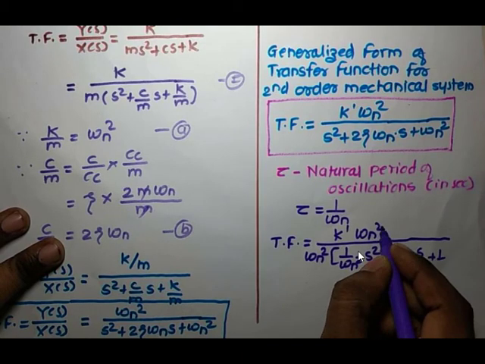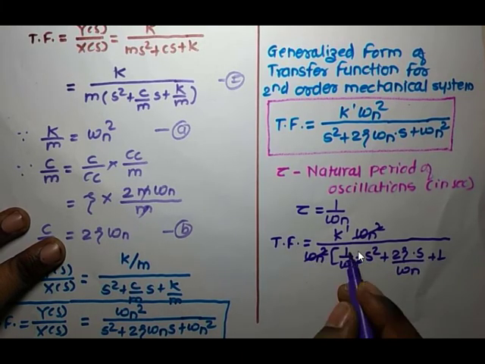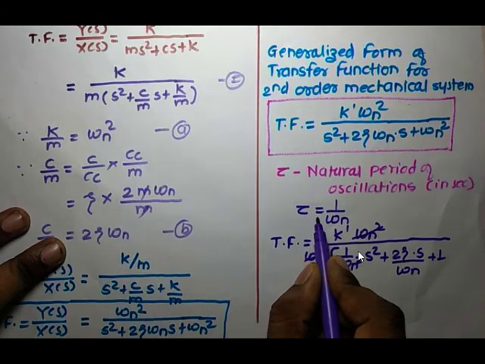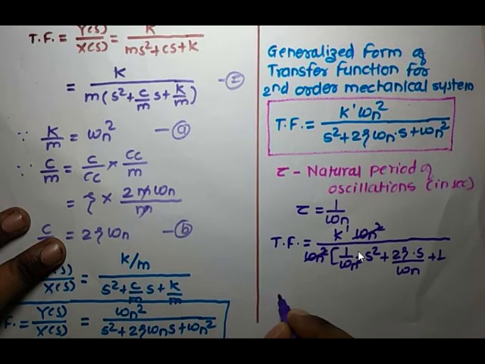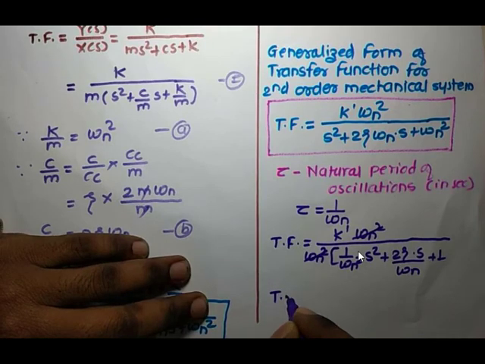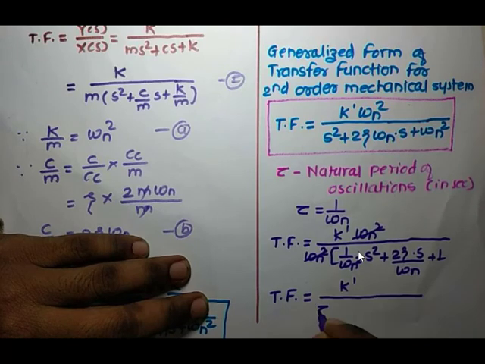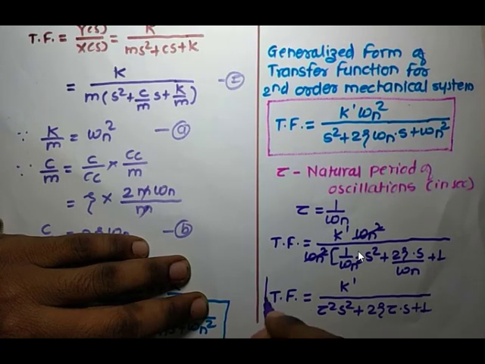So here omega n square gets cancelled, and we know that 1 upon omega n is equal to the natural period of oscillation tau. So we'll substitute that value and we'll get another form of the transfer function in time period. So it is k dash over tau square s square plus 2 zeta tau into s plus 1. This is another form of the transfer function in time period.